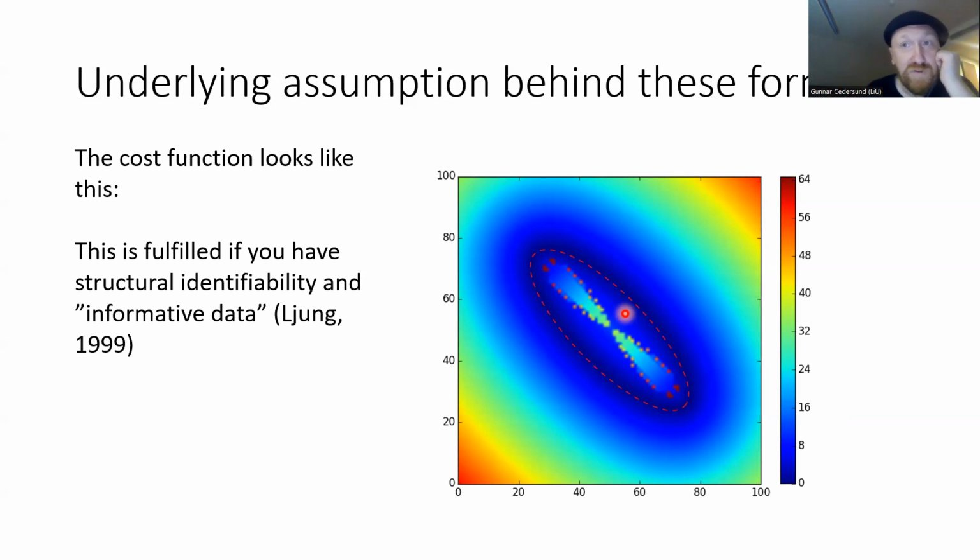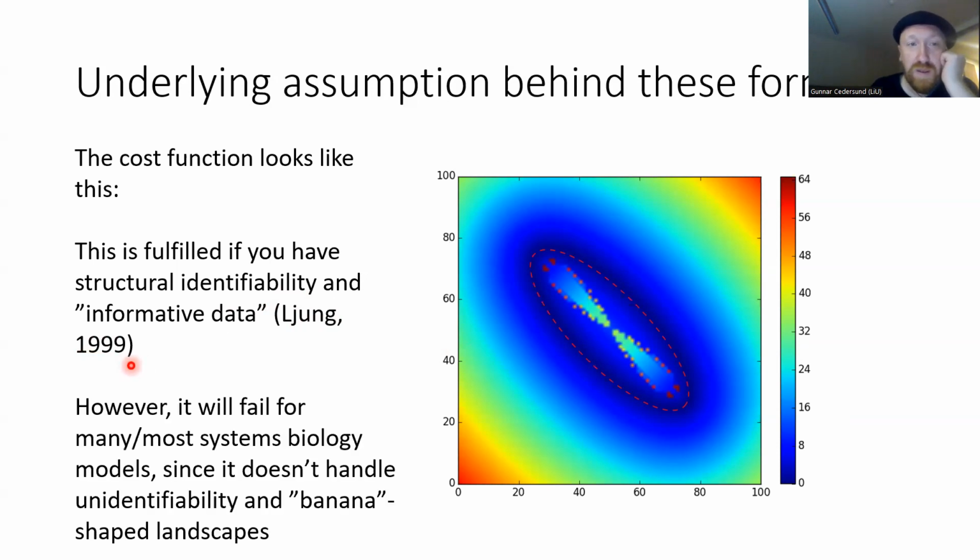So it is fulfilled if you have lots and lots of data, if you have enough data so that you have an identifiable system, then this is fulfilled. And there are general results, for instance, in the book by Lennart Ljung on system identification, a very famous book. This is already fulfilled, so to say. But in systems biology, what you want to know is if the parameters are identifiable.